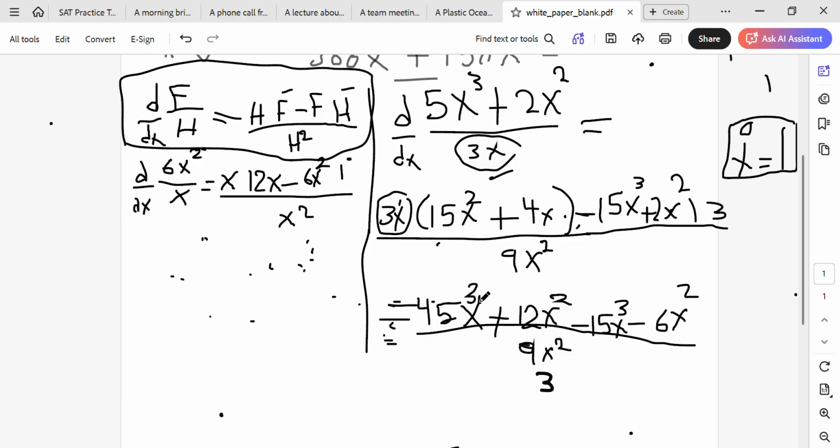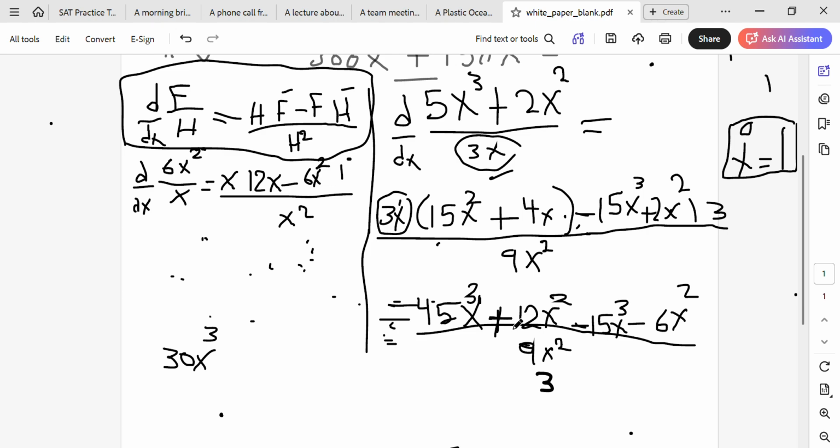So I have one variable with the same power, 3 and 3, and since it's negative that means you subtract, so 45 minus 15 is 30, right, because 30 added to 15 is 45. You just write the variable as is, so it will be 30x raised to the power 3. And also I have x raised to the power 2 and x raised to the power 2.